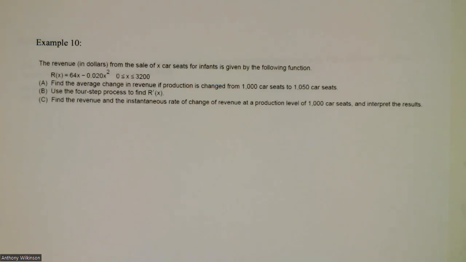The question is to find the average change in revenue if production is changed from 1,000 car seats to 1,050 car seats. Then use the four-step process to find R prime of x, and then find the instantaneous rate of change of revenue at a production level of 1,000 car seats, and interpret the results.